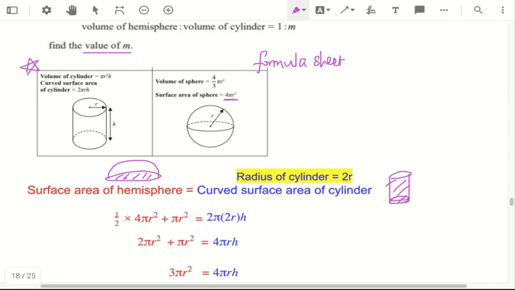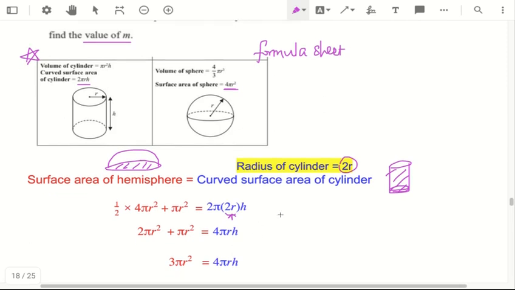I don't need that. So curved surface area of the cylinder is 2 pi r h, but this time the radius of the cylinder is 2r. So therefore, instead of writing r, this has to be 2r. Okay, so with this we can go on to the next step, which is to simplify it.